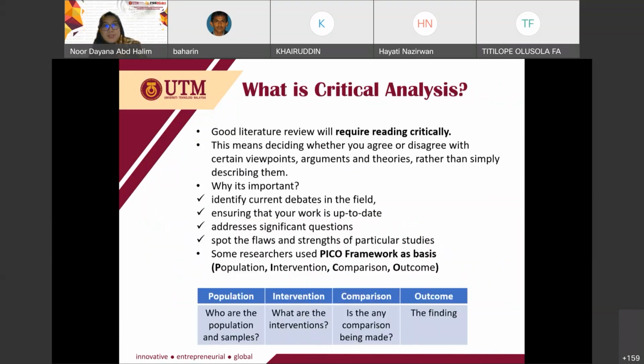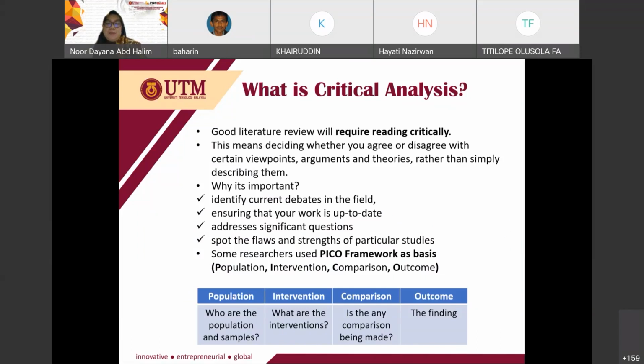Next is critical analysis. I think you have enrolled in the subject, right? A good literature review will require reading critically. Maybe you have your own style of reading.